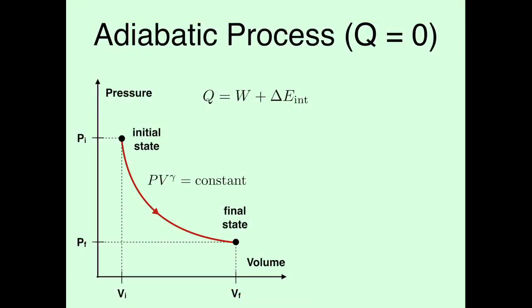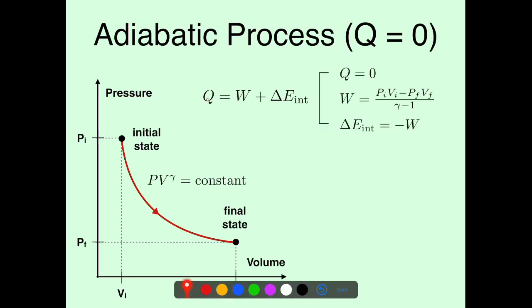Okay, so if we take the results we just derived for Q, W, delta E internal, these are the results. Again, Q is 0 by definition. The work we can express as P initial, V initial minus P final, V final over gamma minus 1.